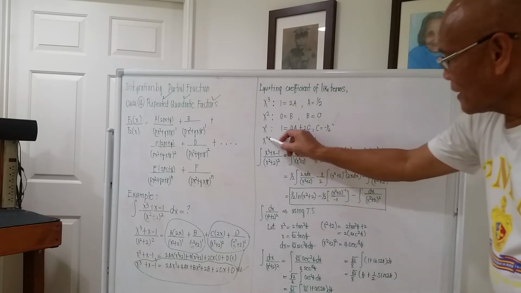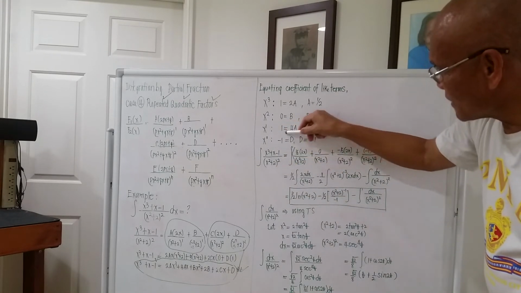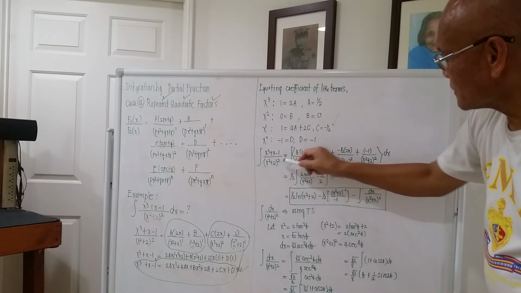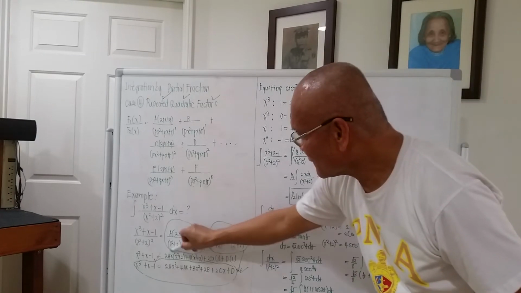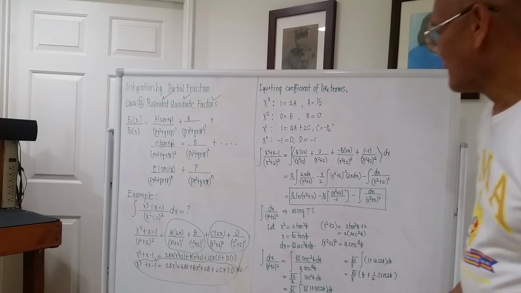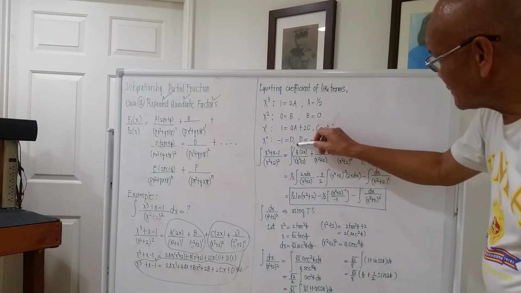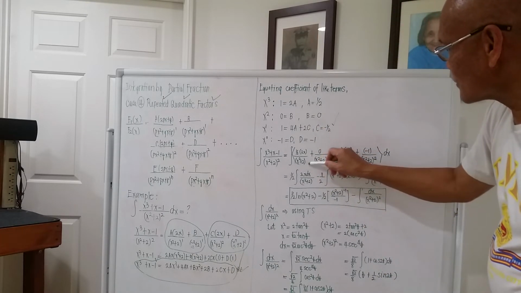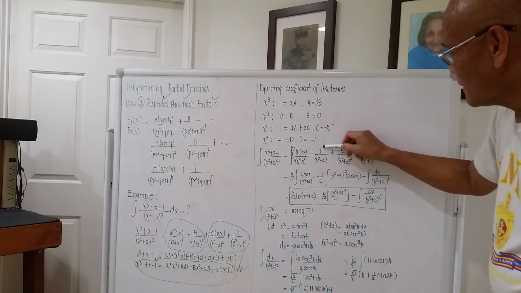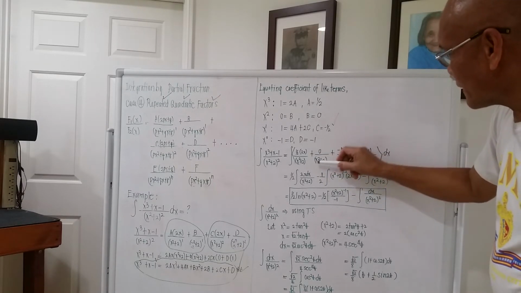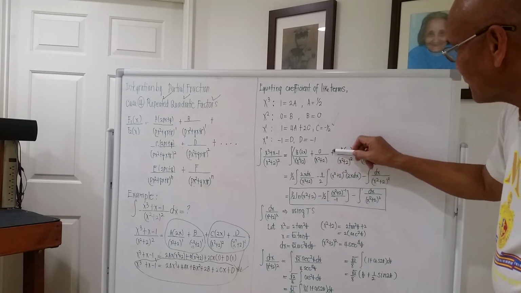Therefore, the integral of (x cubed plus x minus 1) over (x squared plus 2) quantity squared equals, we will just follow this one, guys. This should be a times 2x over (x squared plus 2) to the first power, plus the value b over x squared plus 2, which is 0, plus the value c.